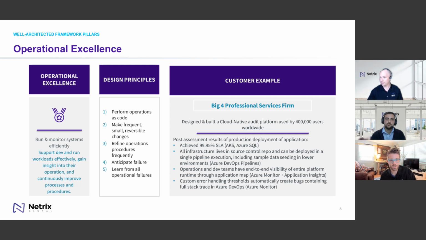Operational excellence in the cloud is a little bit different, as Tom mentioned, because you don't have full control over the infrastructure your code is running on. You have control of a lot of aspects of it, but at the end of the day, your code is running on someone else's servers. So having operational excellence, procedures, documentation, logging, monitoring and alerting is critical for cloud workloads because of this.